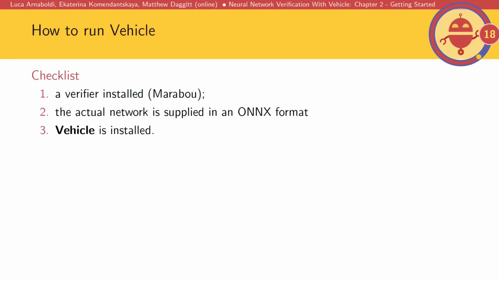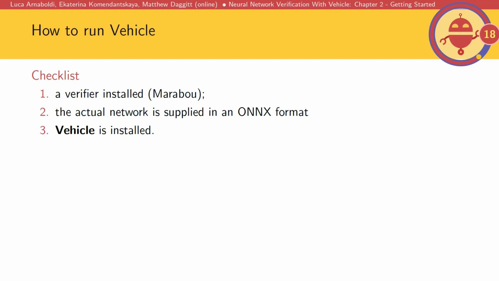So, well, now let's run vehicle. You need to have Marabou installed. For this, we have packaged Marabou installation as pip install for you, so you can do it in one line. If you haven't done this, please do. You need to have an actual network supplied in ONNX format. Remember, I was saying I'm not defining this. I'm providing the neural network for the vehicle.